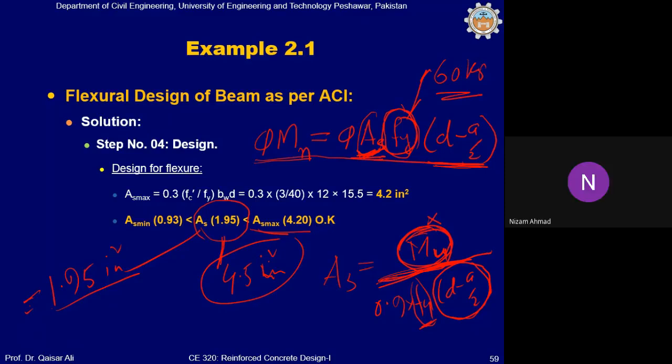Do you remember the area? 0.2 square inch. 1.95 is the total area of steel required. So divide 1.95 by 0.2. Sir, 9.75, so approximately 10 bars. 10 bars we will have to place.